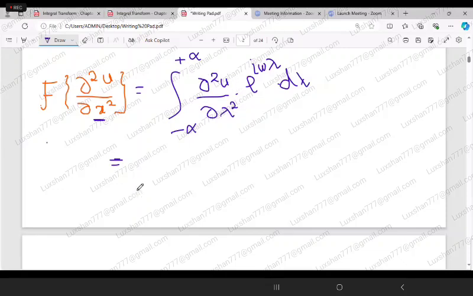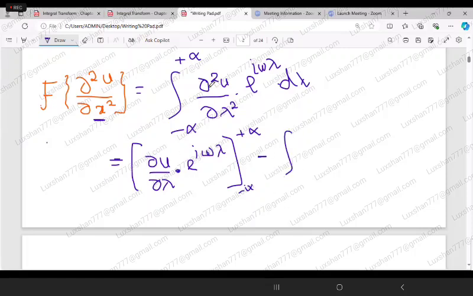So integration of the first function: if you integrate this function once, you will get ∂ū/∂λ times the first function, that is e^(iωλ), with the range from minus infinity to plus infinity, minus the integration of ∂ū/∂λ times the integration of this function, that is the differentiation of this function, which is iω e^(iωλ) dλ, with the range from minus infinity to plus infinity.